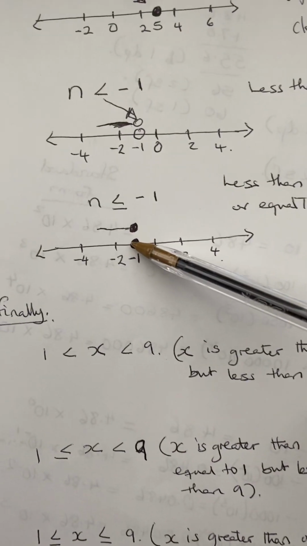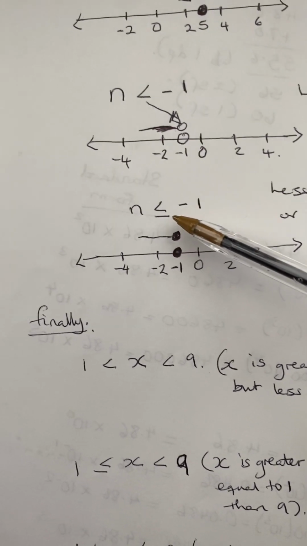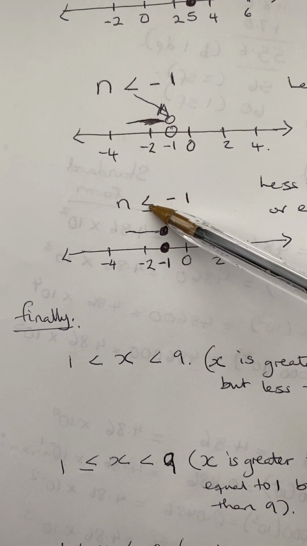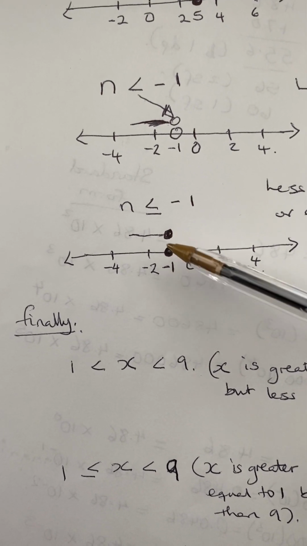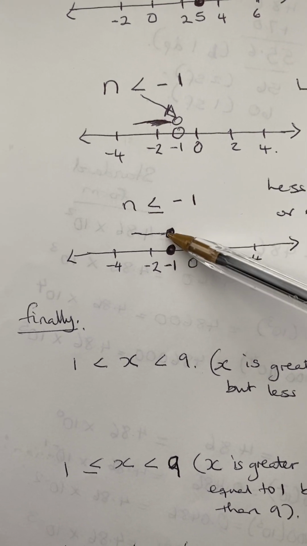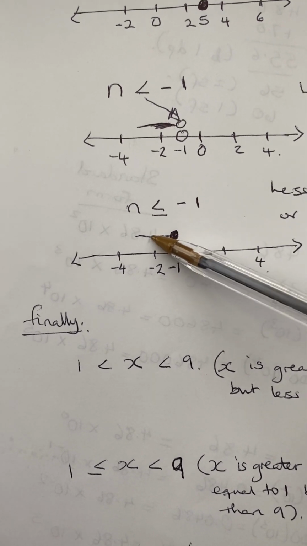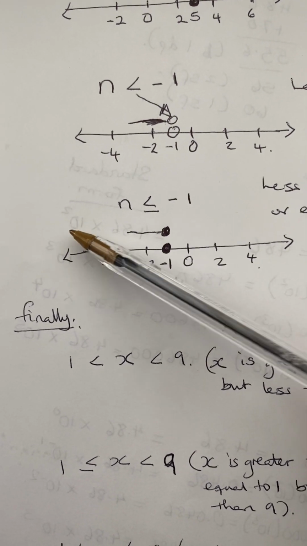Now n is less than or equal to minus 1. Immediately we see equal to, we need to use the closed circle. So it's equal to minus 1 but also less. Okay, so it can go as far as we want here too.